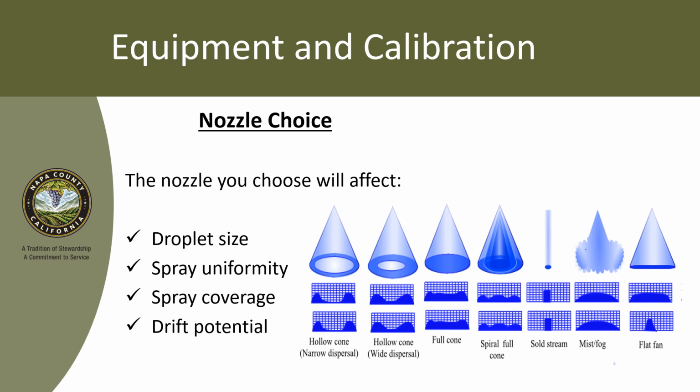The only really accurate way to do that is to set something out like cardboard underneath there and do a short spray. Take a look at the pattern. Does it look like what you're expecting it to look like? That's the way you calibrate those nozzles. Just checking the spray pattern to ensure that the nozzle is performing as advertised.